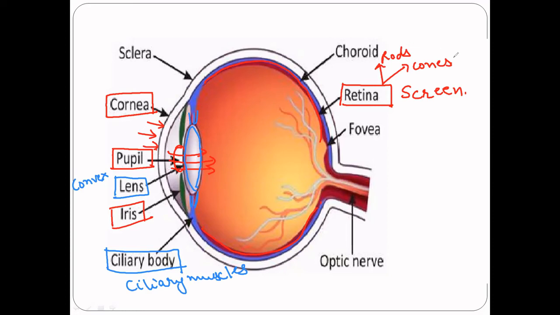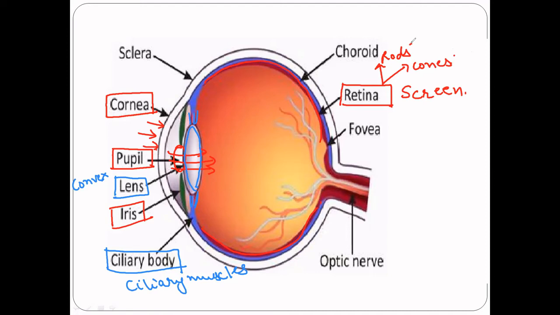Whatever we see in bright light and colors is due to cones. It is possible due to the presence of cones on the retina. And we can see a little in the dark.